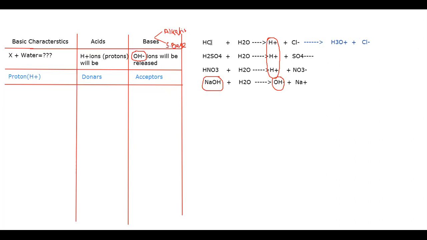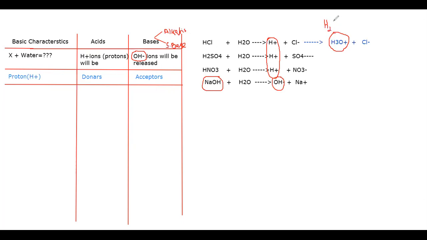First of all, when we mix the acid in the water, it releases the hydrogen ion, and this hydrogen ion reacts with the water and makes the hydronium ion and another negatively charged molecule. This is called the hydronium ion. Basically, the acids are releasing the hydrogen ion, and water is accepting the hydrogen ion.